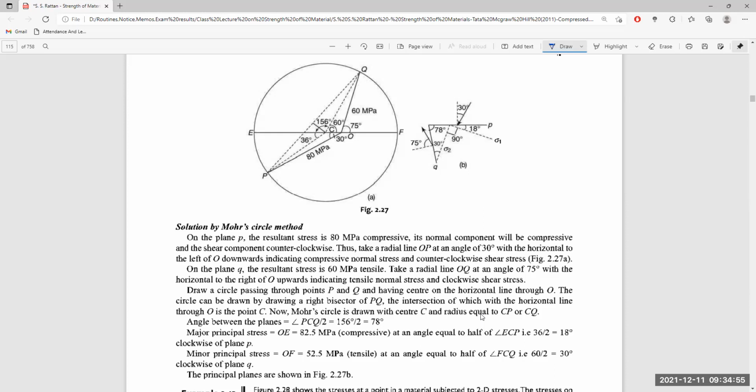The angle between the planes, PCQ divided by 2, is 115.6 degrees divided by 2, equal to 78. So the major principal stress is OE, 82.5 MPa, at an angle equal to half of angle ECP. The minor principal stress is OF, that is OC minus CF, equal to 52.5 MPa.